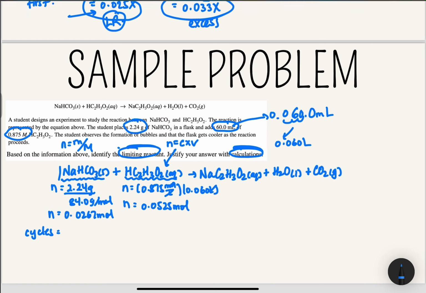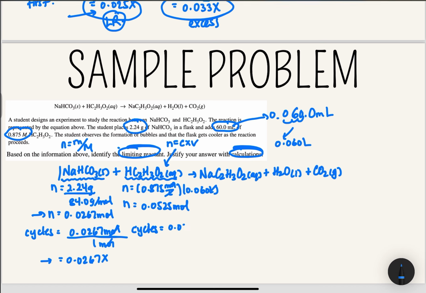So for this first reactant, it'll be 0.0267 mole divided by 1 mole, which will just give me 0.0267 times. So if I have this many moles of my sodium bicarbonate, I will be able to run the reaction this many times. Well, what about the aqueous reactant?